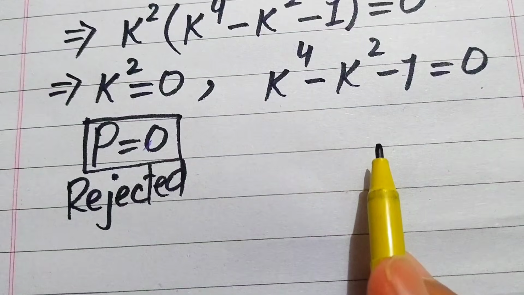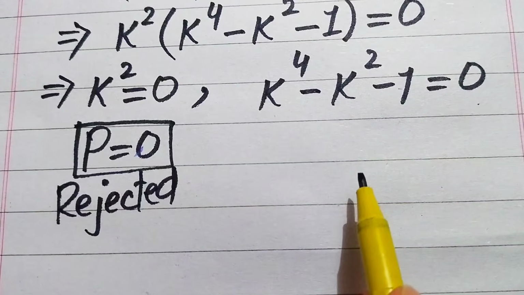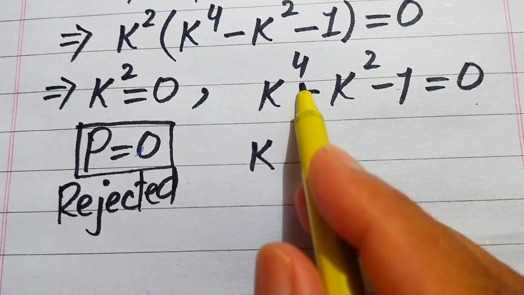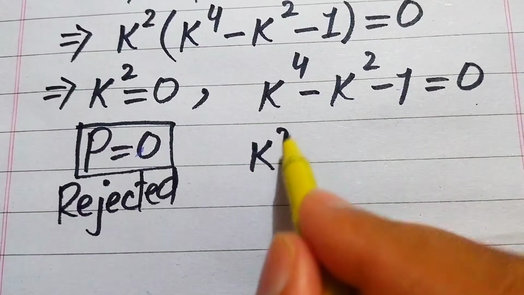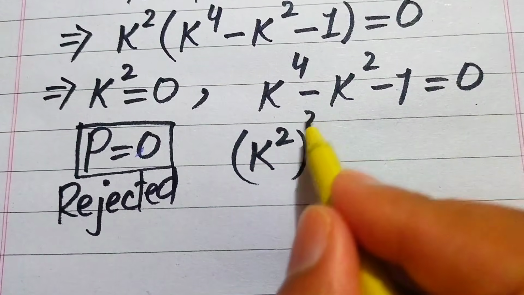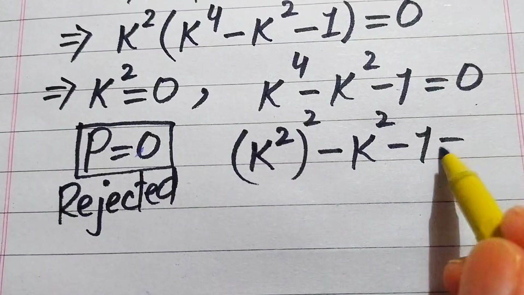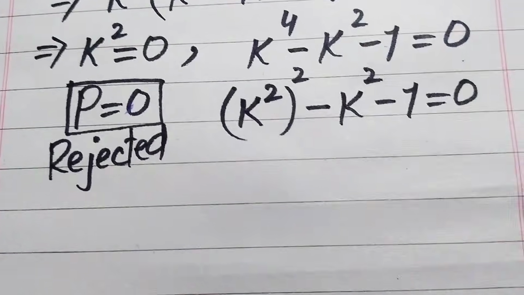Now we proceed with this case only, and in this case we first rewrite this equation as k to the power of 4, which we write as k square whole square, minus k square minus 1 is equal to 0.